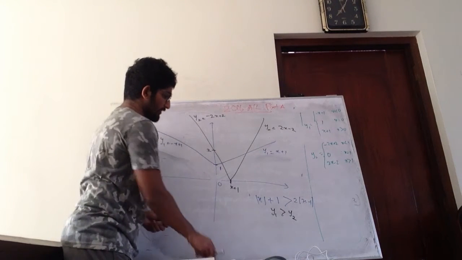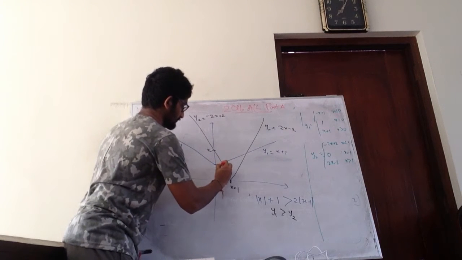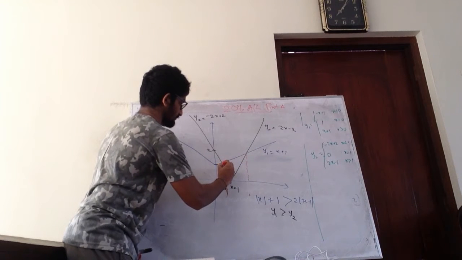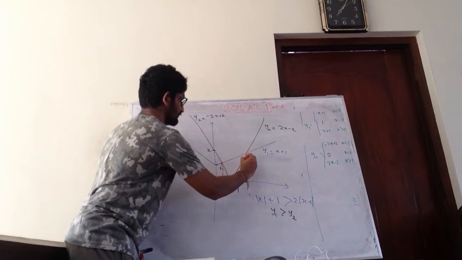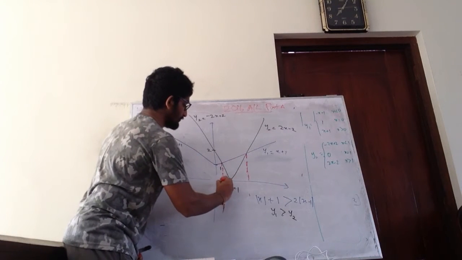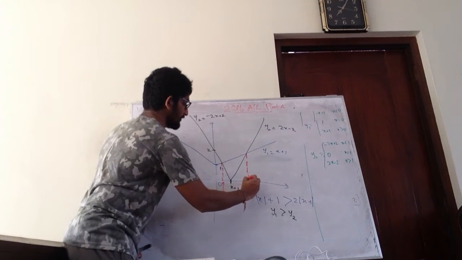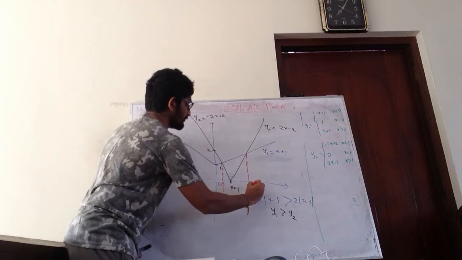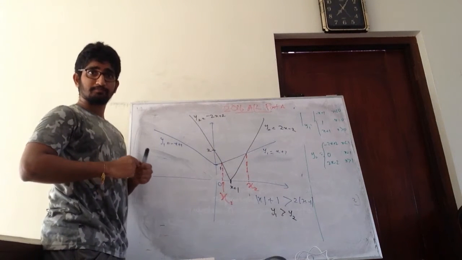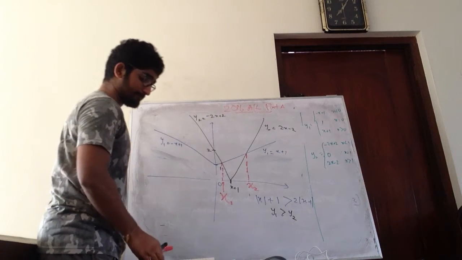Right? So that is between these, no? Now we need to find this value, which is x1, and this value, which is x2. Correct, no? Right? So let's find those values now.